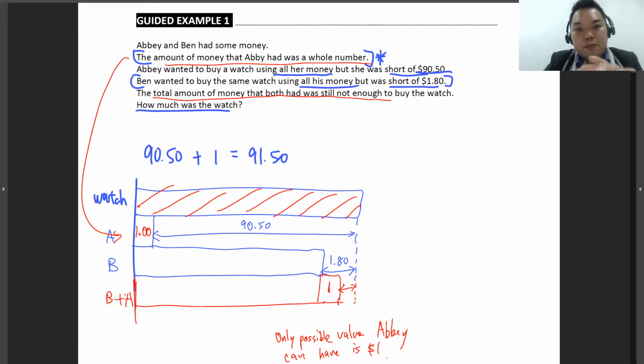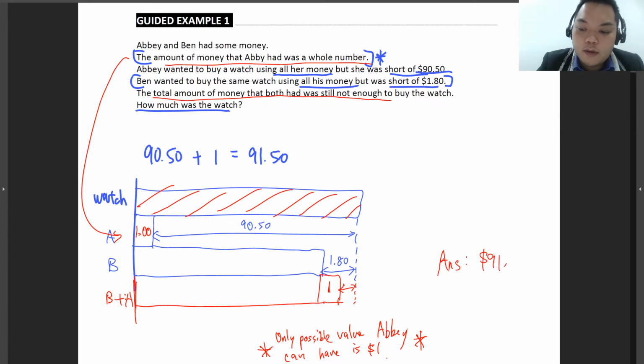So once you formed this connection that the only possible value Abby can have is $1, you'll be able to get the answer already. Yeah, but it must be a whole number, Kian Eng, because it is stated over here. It has to be a whole number.